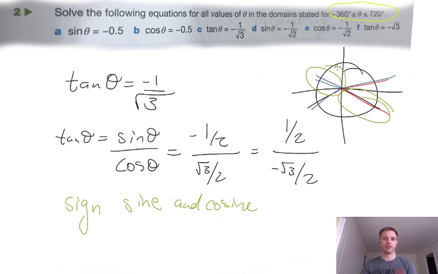So here we have positive sine, negative cosine. Here we have positive cosine, negative sine. That is when we get a negative tangent. We have to have an odd number of negative signs. Here they're both negative, so negative times a negative is positive. Here they're both positive, so positive times a positive is positive. But our tangent is negative, so it has to be either in quadrant 2 or quadrant 4.